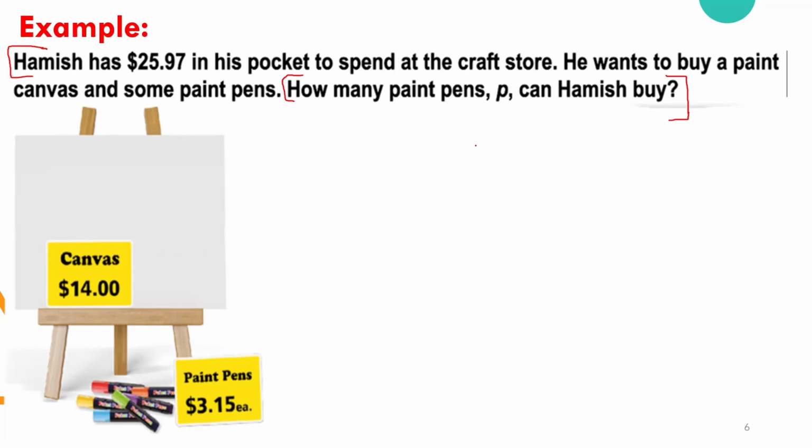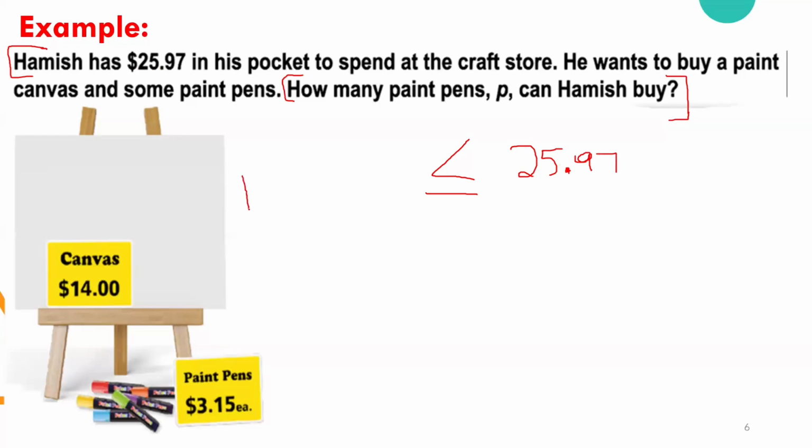So the symbol that we are going to use is less than or equal to, right? This is saying whatever he purchased, the cost must be either equal to $25.97 or less than that amount.